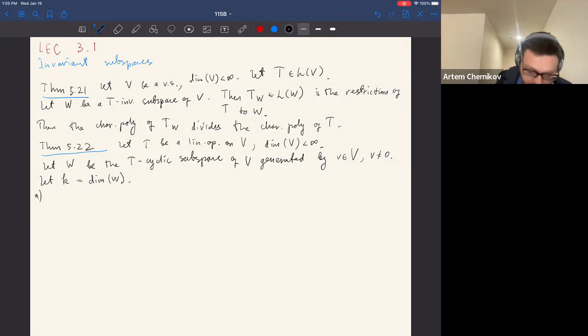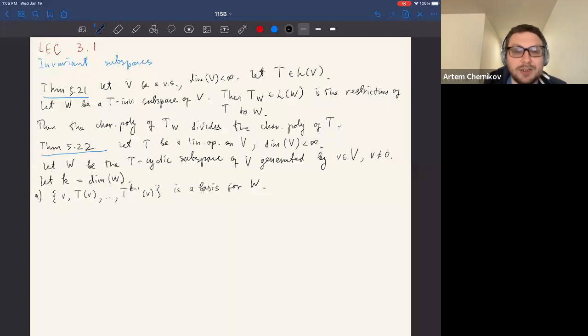A, we have that the set consisting of v, T of v, etc., T^(k-1) of v is a basis for W. Okay, so this first claim tells us that if the dimension of the cyclic subspace W is k, then we have this explicitly given basis for it.